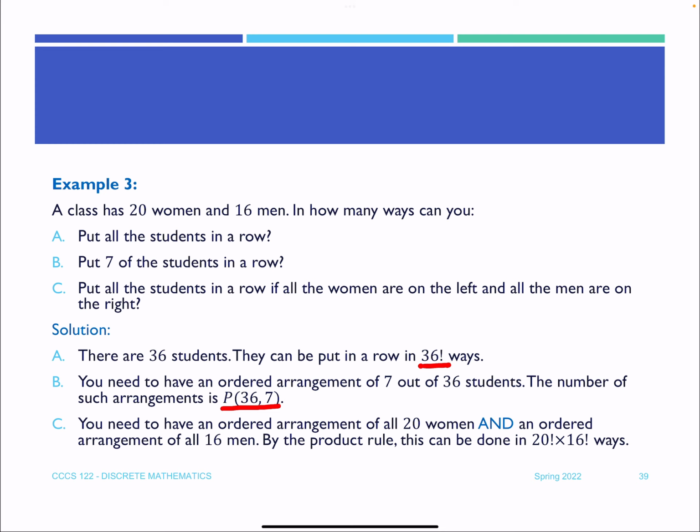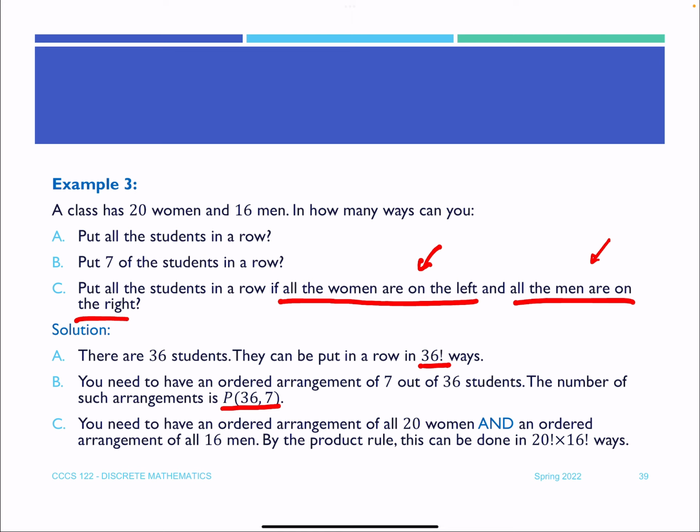Finally, how can we put all the students in a row? But here now we care about gender, so all the women on the left are basically in one group, and all the men on the right are in another group. So, in how many ways can we order all the women among themselves, and in how many ways can we order all the men among themselves?